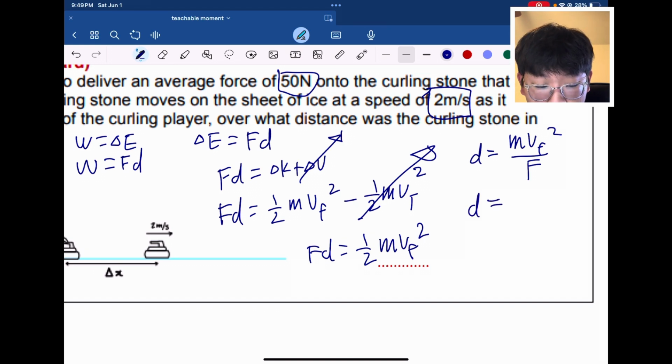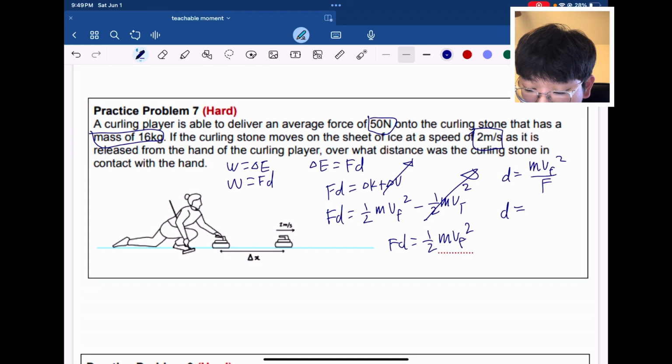So mass was 16 kilograms times velocity final over force, and that should be about 0.64 meters.